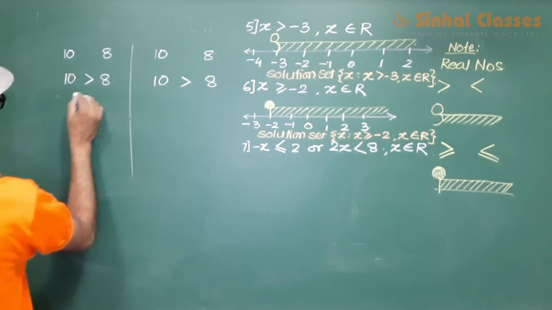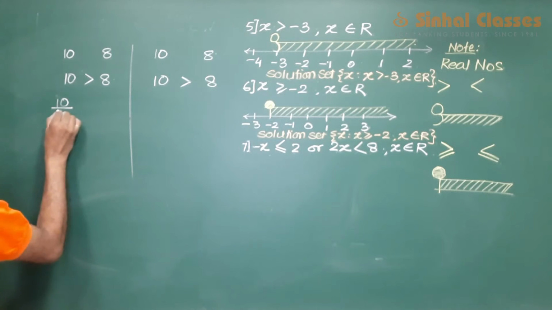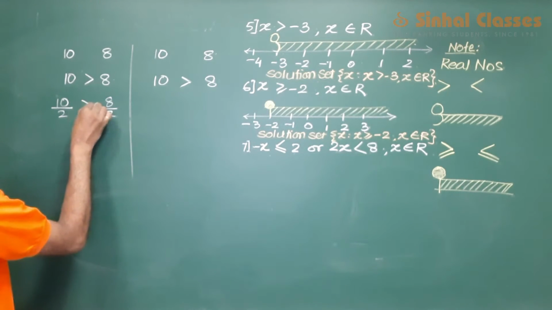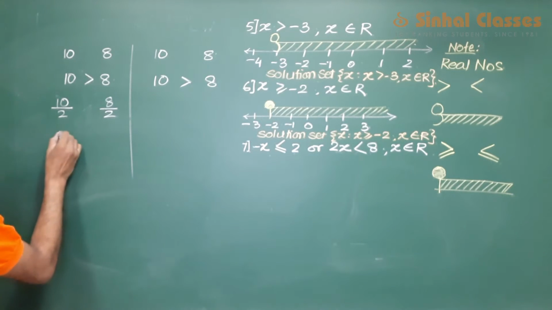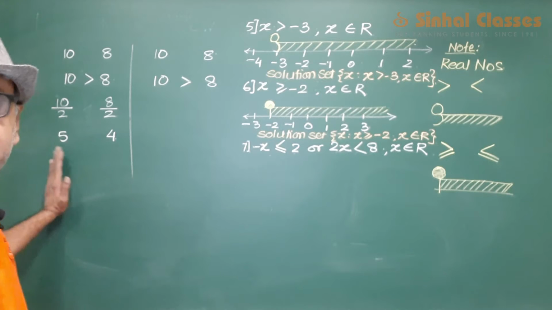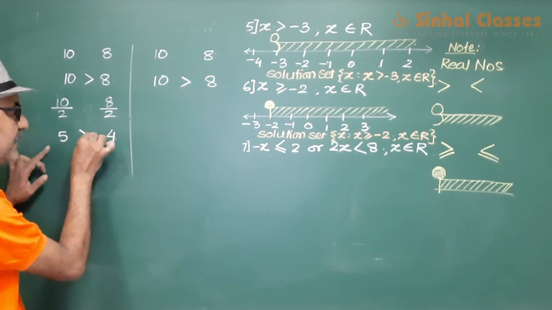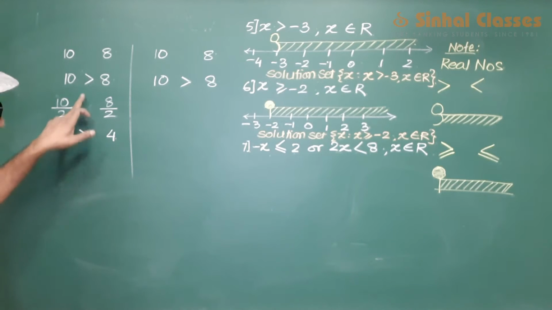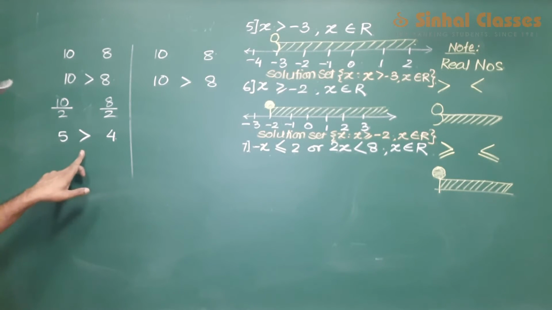When you divide it, you will get 5 and 4. Out of this 5 and 4, which is greater? 5 is greater. So you will put the same sign. The order relation does not change. This is called the order relation. The order relation does not change.